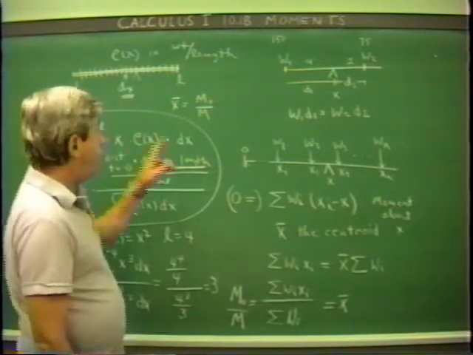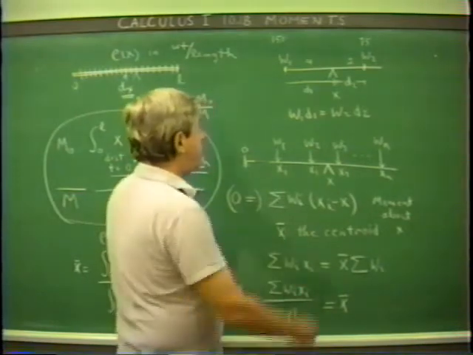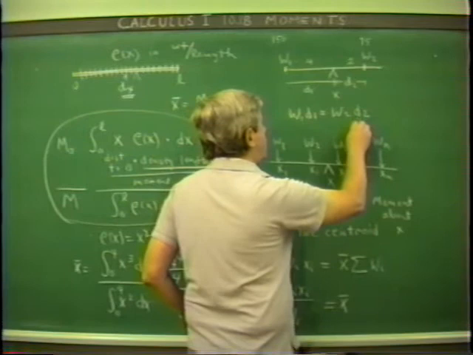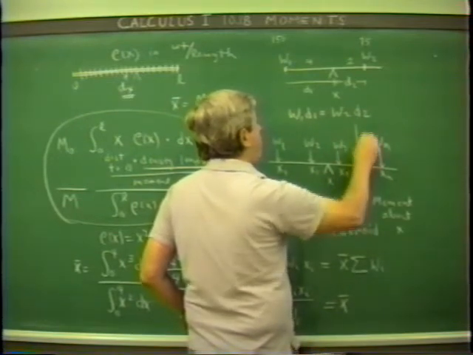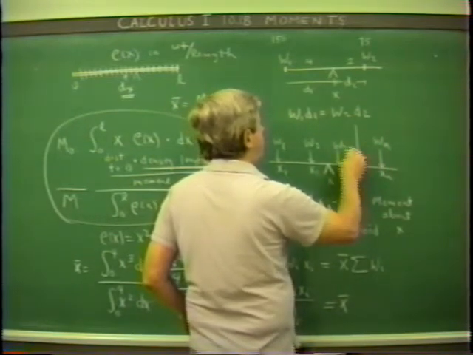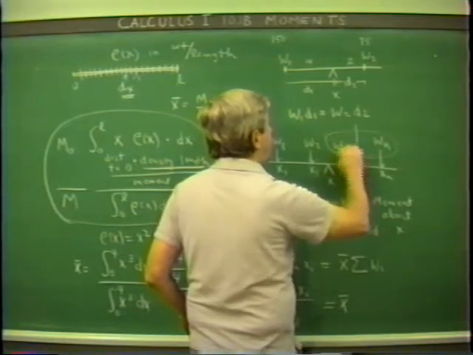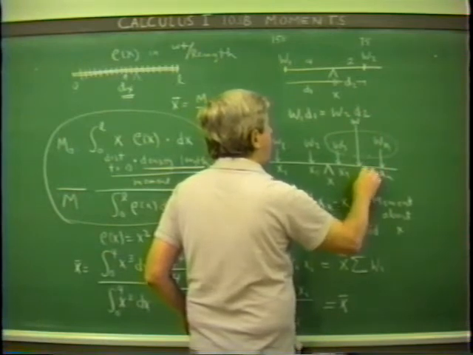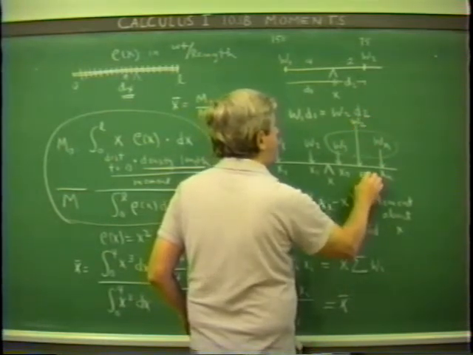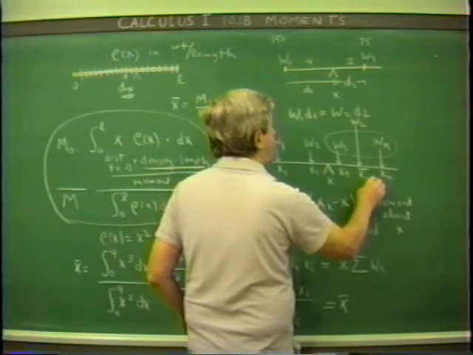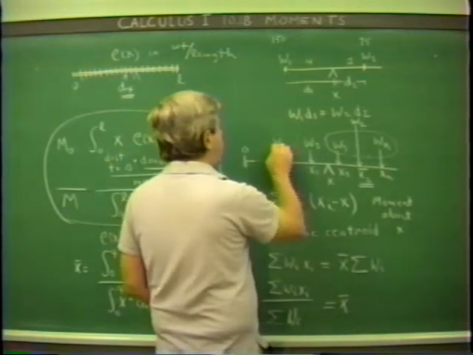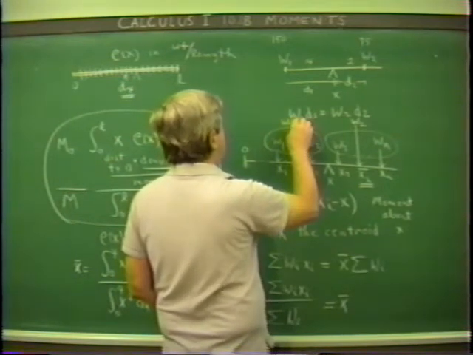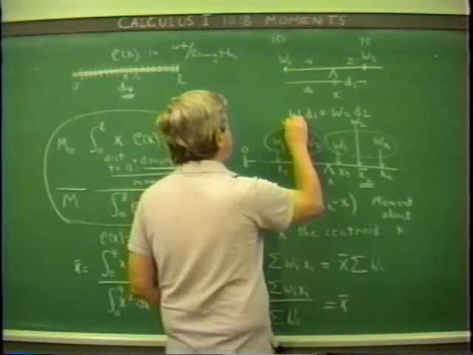One thing that does happen here, though, is that if you are computing the moment about a particular point, you can take some of these weights together and treat them as if they all bore down on their center of gravity. So if we were to take these weights right here, we could treat them as if they were one total weight acting here, and this might be a second weight, acting at its center of gravity.